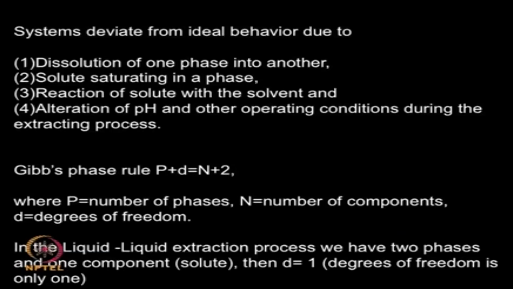So it is a non-ideal situation, and on top of that you are also going to have dissolution of one phase into another. For example, if I take an alcohol to extract a solute from an aqueous medium, alcohol may be soluble in the aqueous medium.